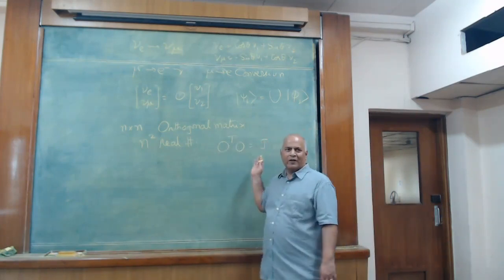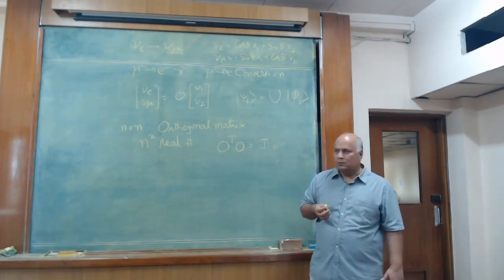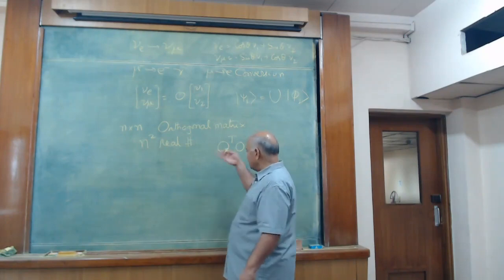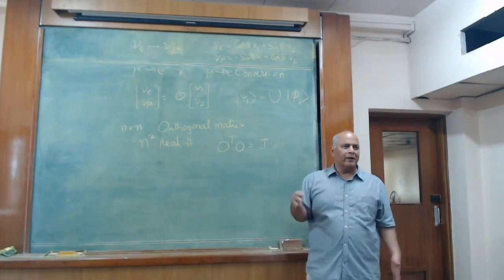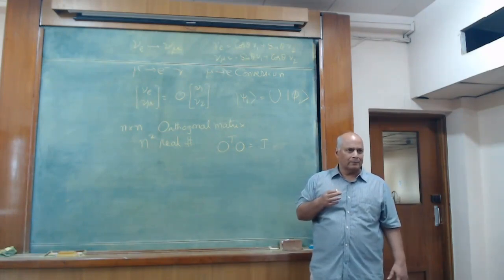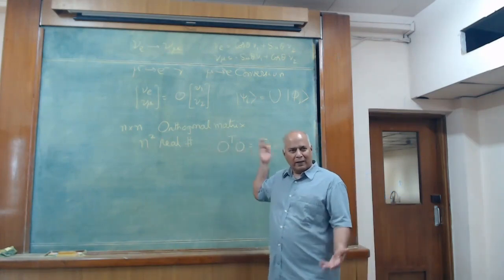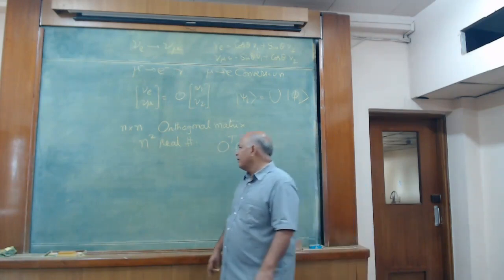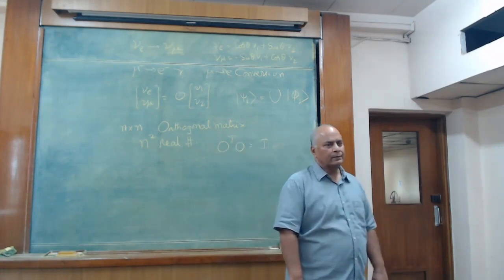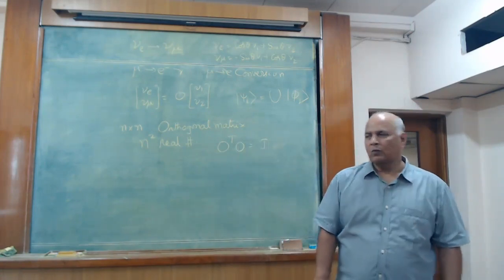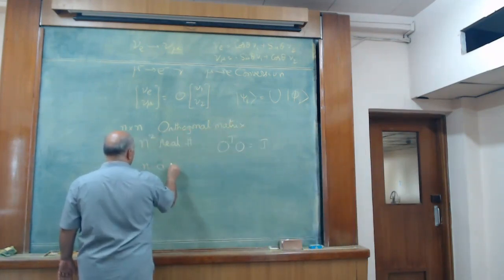Obviously these n squared equations are not all independent. And you can show that O transpose O is a symmetric matrix. You take the transpose of this and you get this back. Since it's a symmetric matrix, how many independent equations are there? So then there are n diagonal equations.